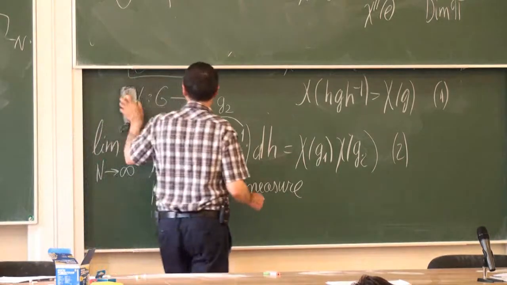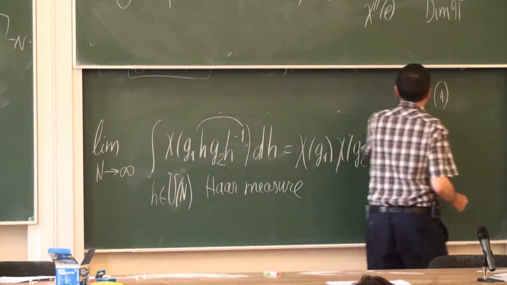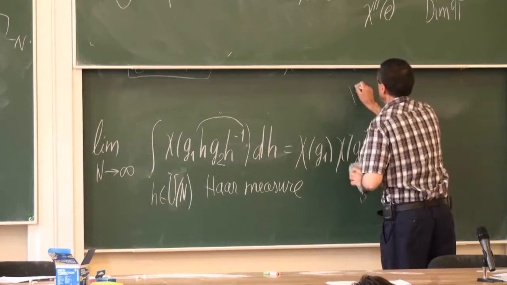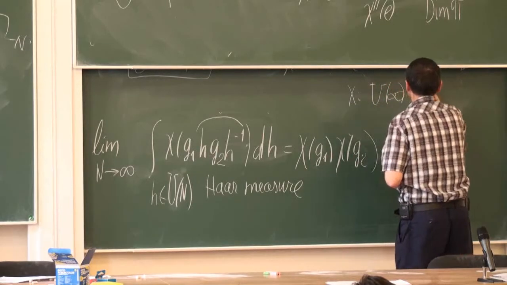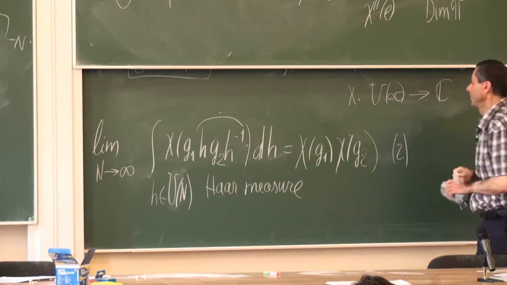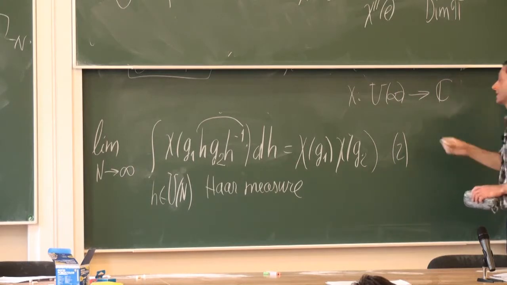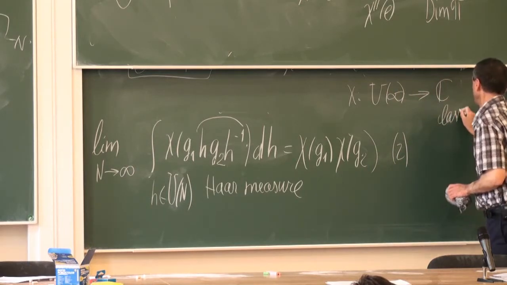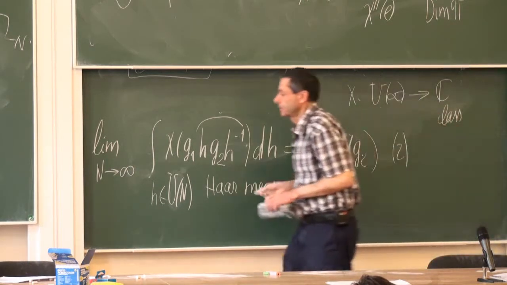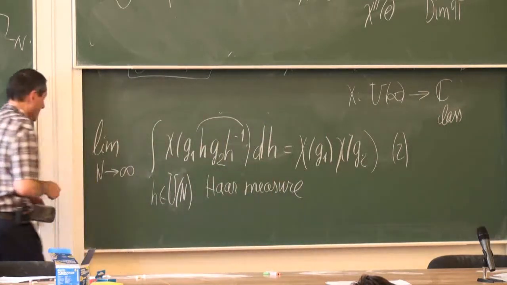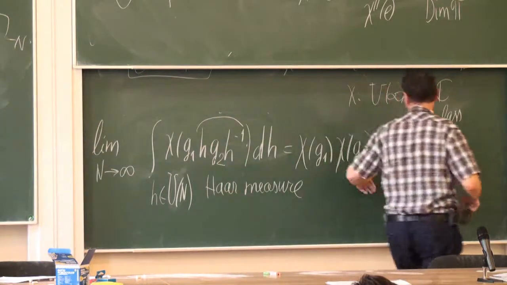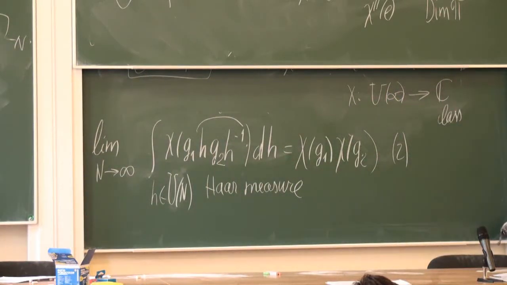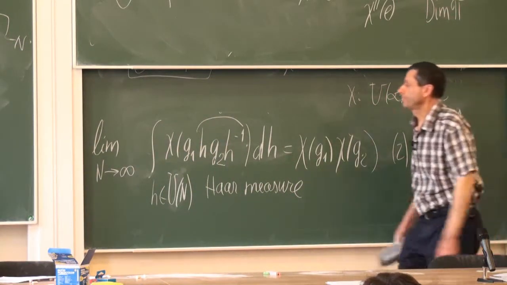So I assume that chi is a complex valued function on U infinity, which is a class function, a central function, constant on conjugacy classes, and satisfies this limit form of the functional equation, which makes sense.